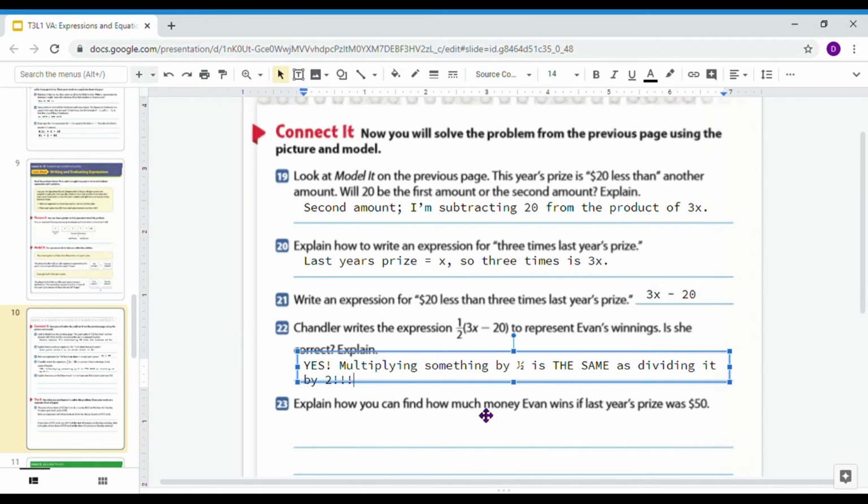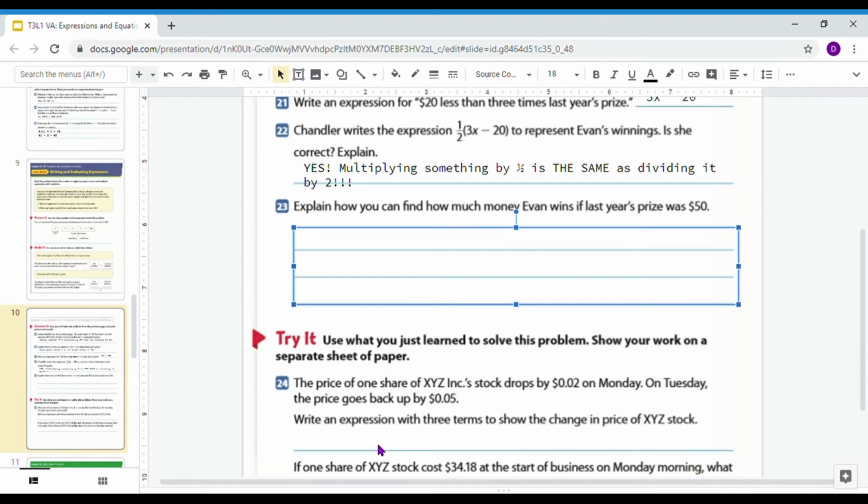Explain how you can find how much money Evan wins if last year's prize was $50. So we need to plug in 50 for x. So I've got 3 times 50 minus 20, divided by 2.